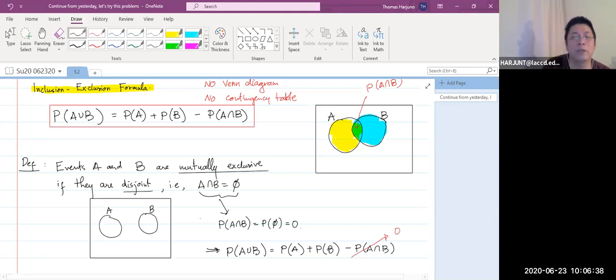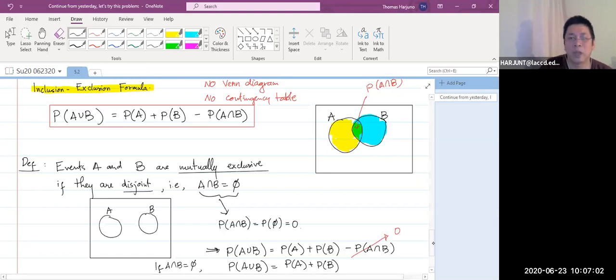So if these two sets are mutually exclusive, the probability of the union is probability of A plus probability of B only, since A intersection B is the empty set.